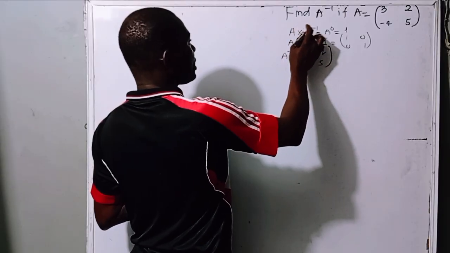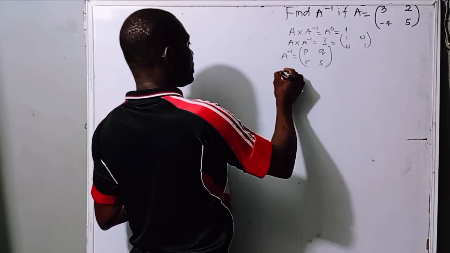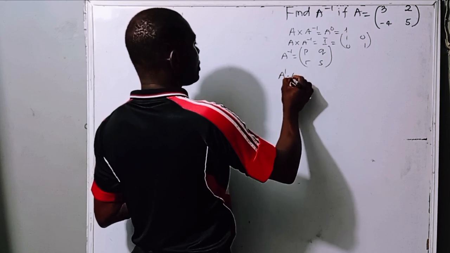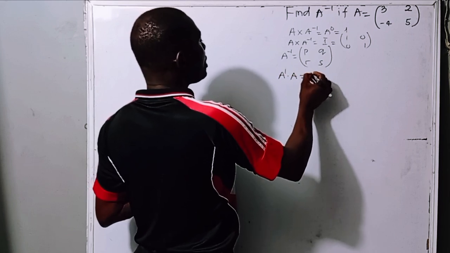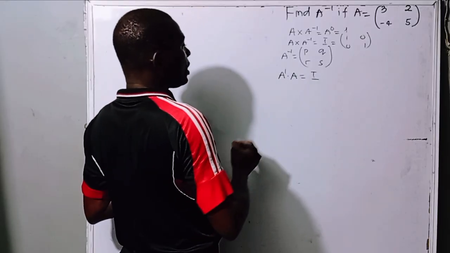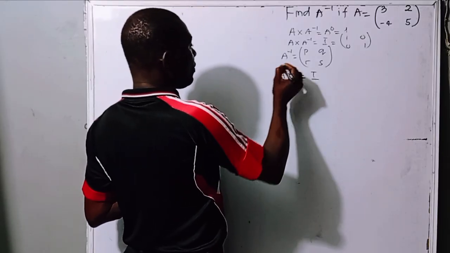A times A inverse can simply be written as A inverse times A, is equal to the identity matrix.